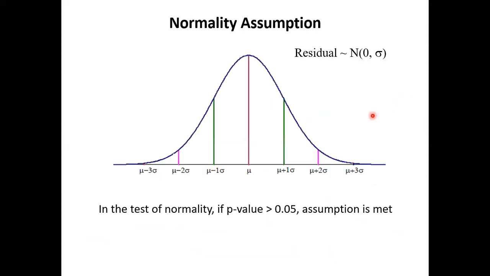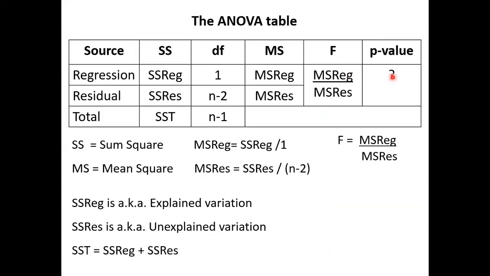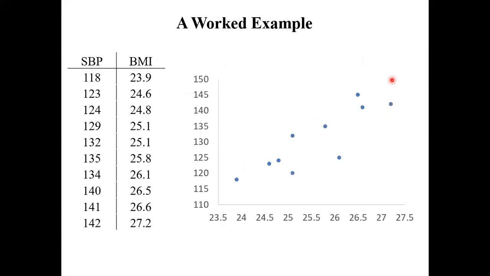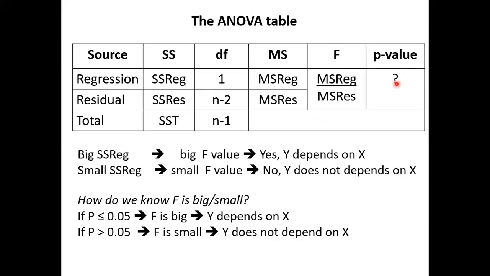Right? So look at the residual table, the ANOVA table. We look at the p-value here. When the p-value is less than 0.05, then I say y depends on x. The slope is not 0.